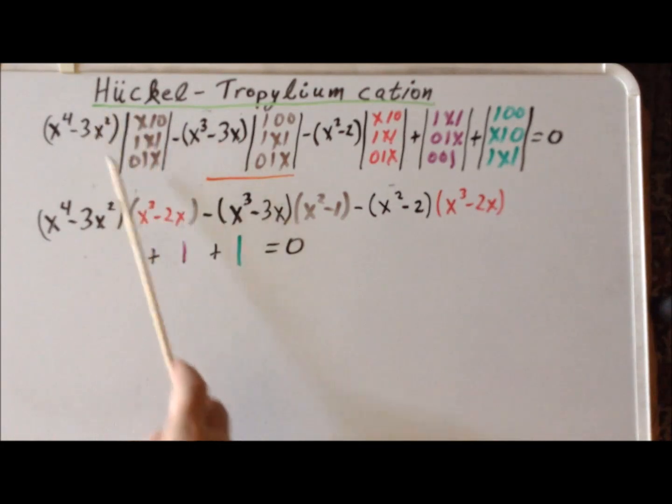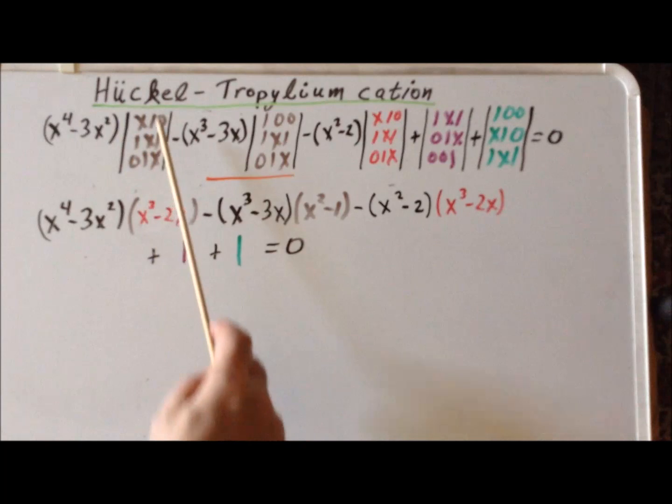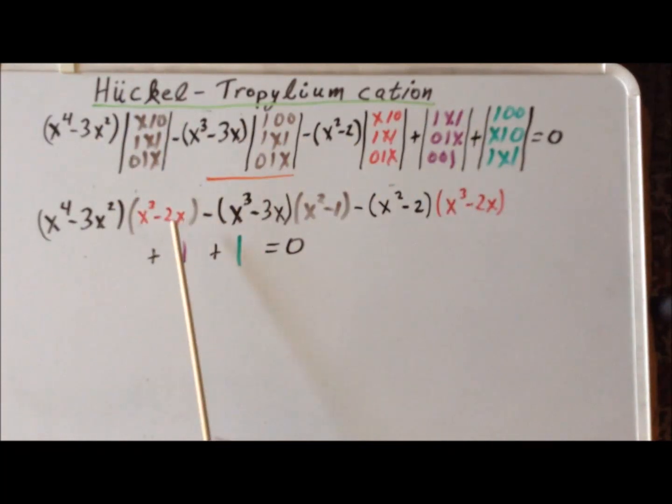Now, substituting the expressions that we had evaluated for the various 3 by 3 determinants here, we've written them in, and now we have to apply the distributive law to evaluate this particular series of expressions and simplify the polynomials.